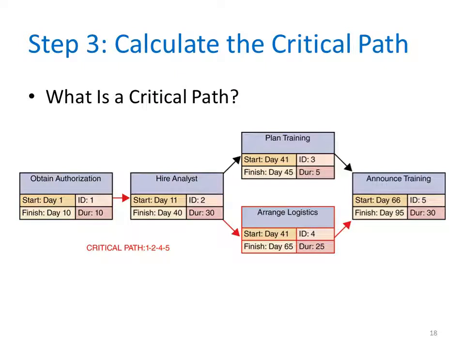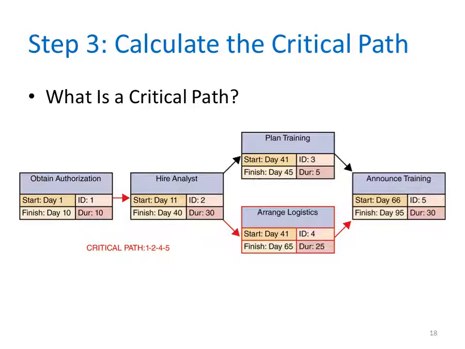As we've already indicated, task patterns determine the order in which the tasks are performed. Once the sequence has been defined, then the project manager can schedule the tasks and calculate what's called the critical path. And this is an absolutely essential concept. A critical path is a series of tasks which, if any one is delayed, would affect the completion date of the overall project.